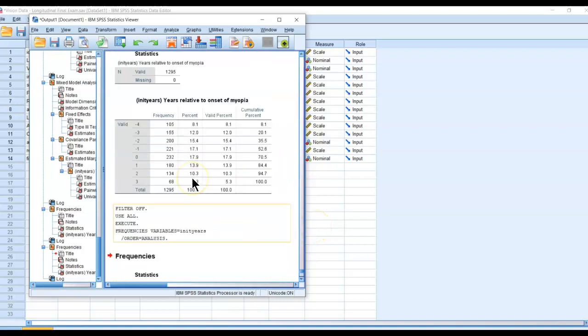And that's going to leave us with a data set of those numbers.